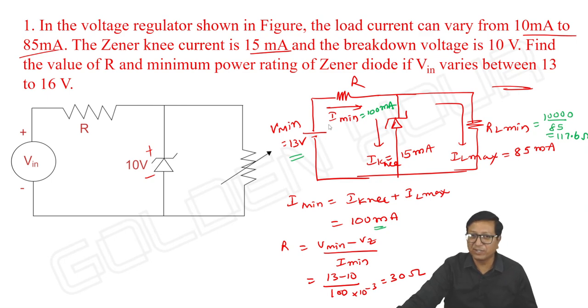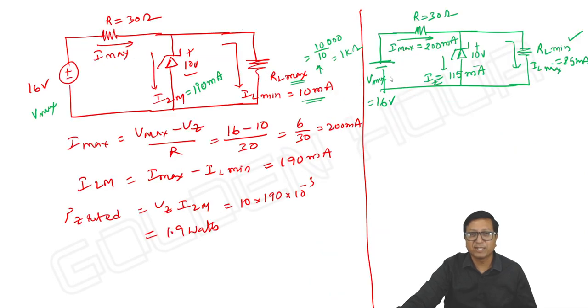Next, we are increasing input up to its maximum value, so that I is reaching its maximum value, but IZ is not at its maximum value because RL is still at its minimum value. Further, you are increasing RL to its maximum value of 1K.